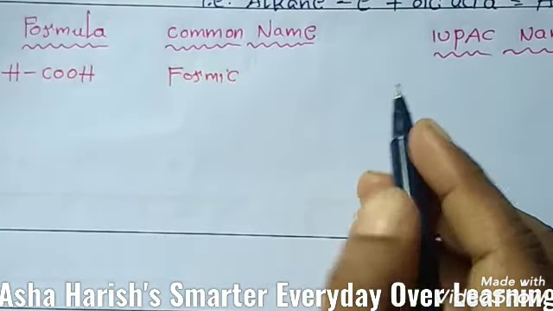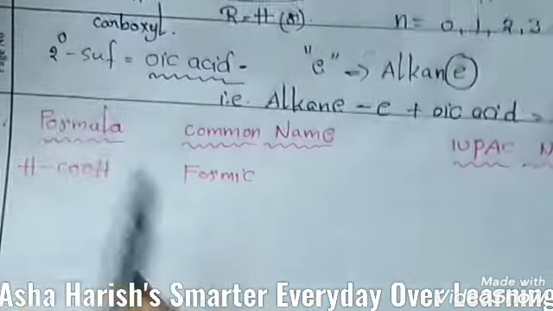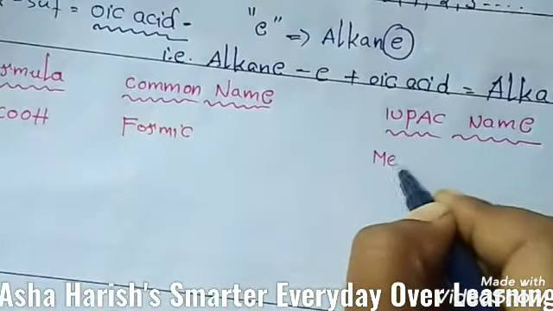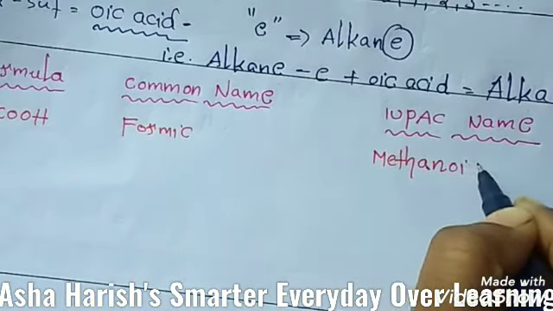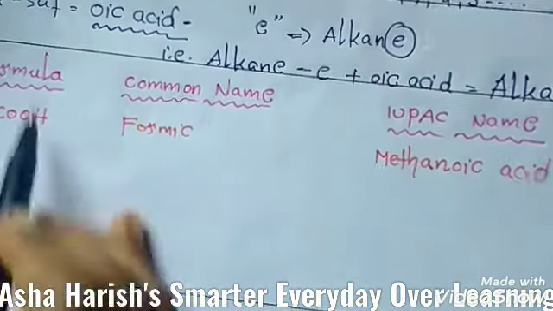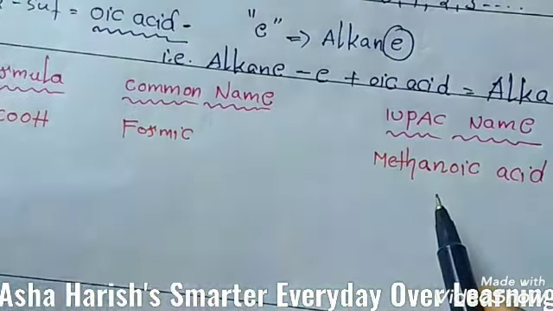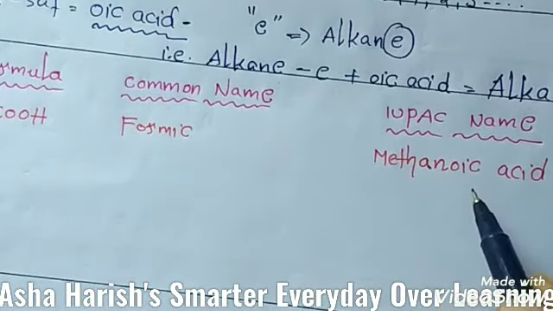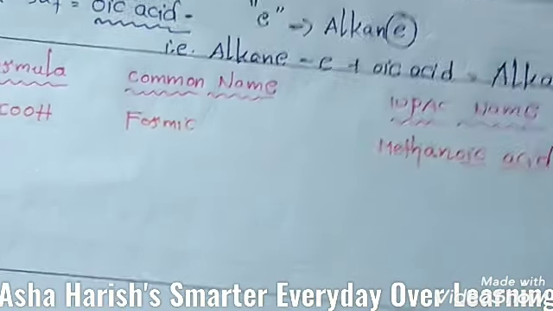And the IUPAC name is, here students, COOH is there, that is the carboxylic acid, so you should use the secondary suffix oic acid, right? The IUPAC name is methanoic acid. Why? Because only single bonds are present here, so that is methane, a methane derivative, and oic acid is the secondary suffix here. That is the IUPAC name.